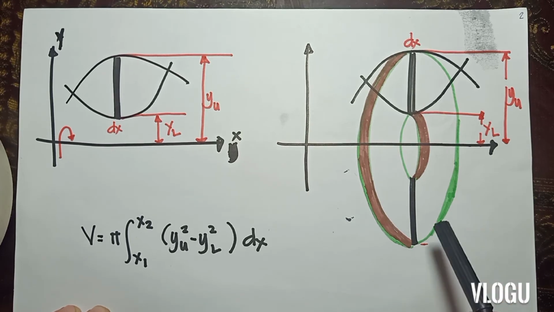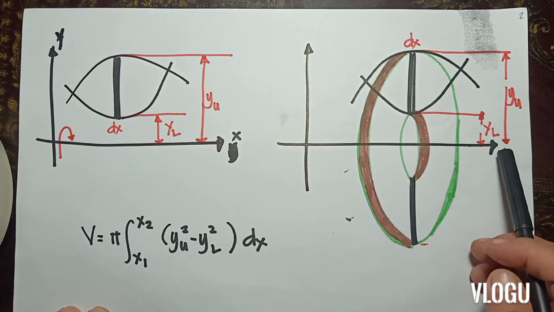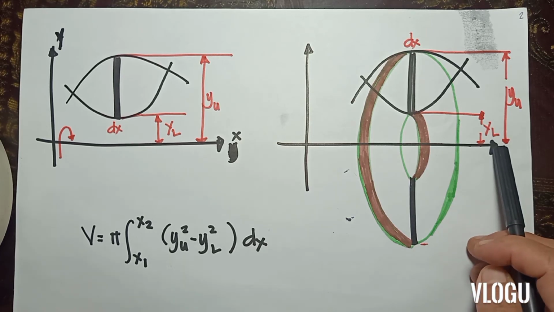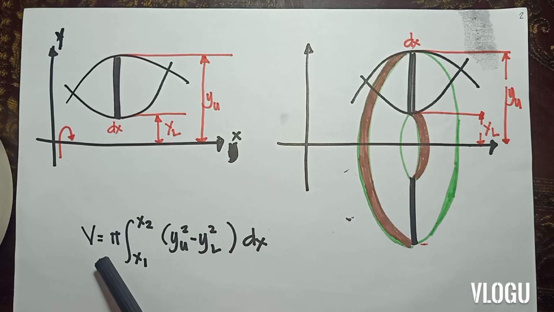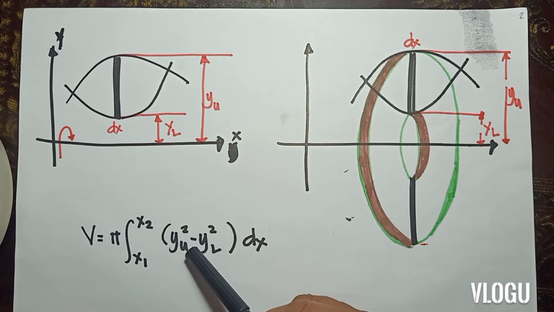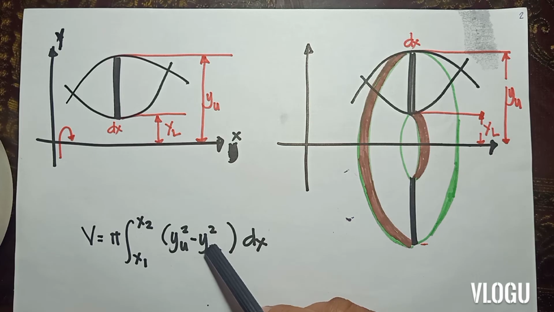Then to find the volume of the solid that is formed by revolving about the x-axis, the formula is: volume is equal to pi, the integral of y up squared minus y down squared, or y upper and y lower, dx.